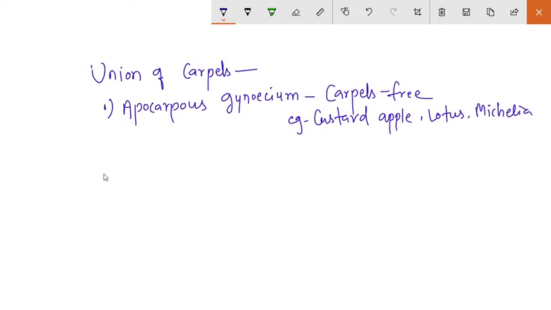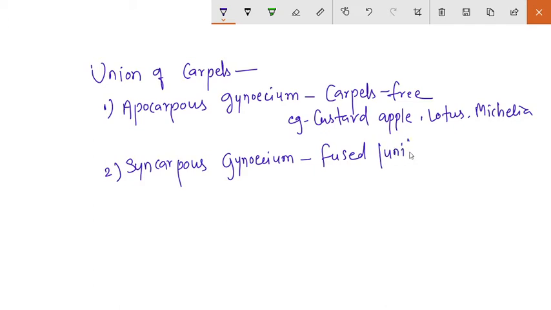And the second, that is syncarpous gynoecium. Syncarpous means united. When the gynoecium is united or fused, that is known as the syncarpous gynoecium. It is fused or united carpels. Okay.